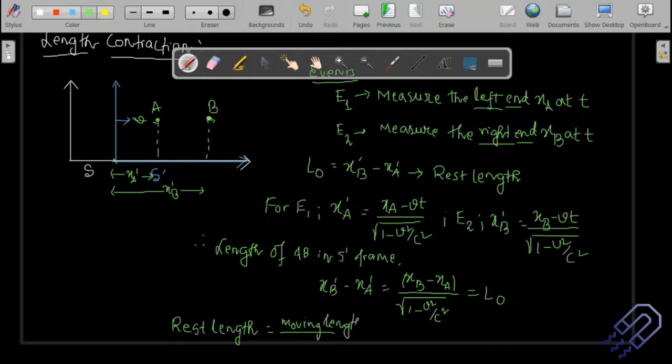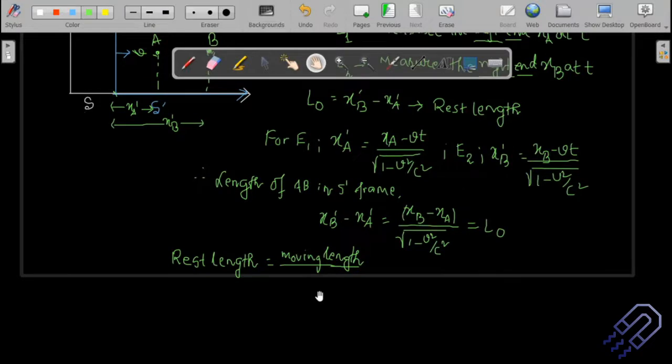So we can write it down as the moving length because it is moving, right? So I can take this divided by root over 1 minus v square divided by c square. This particular relation is called the relation of length contraction. If you are observing from a moving frame of reference, you will see that the length gets contracted.